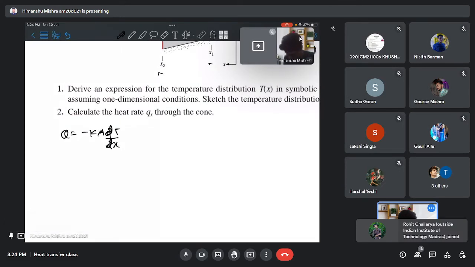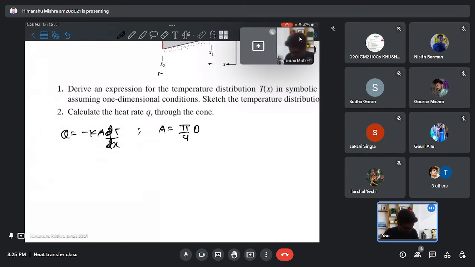Where my area can be defined by pi by 4 d square, which is pi by 4 a square x square. So when I substitute this area into this equation, it will be pi by 4 a square x square dT by dx.